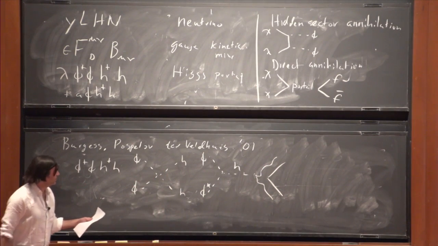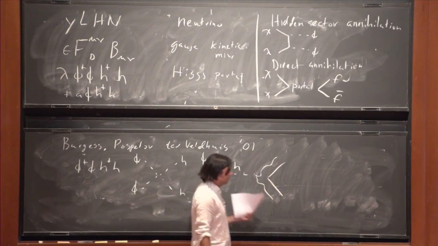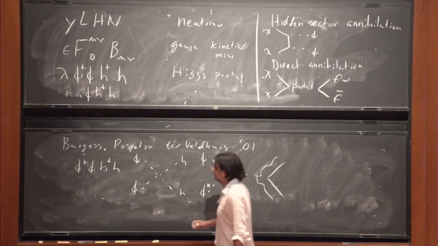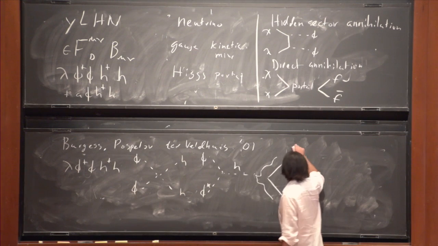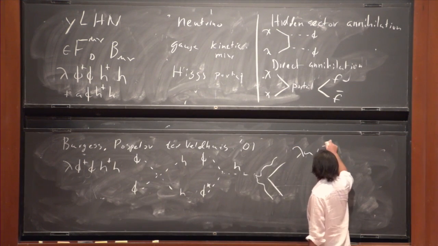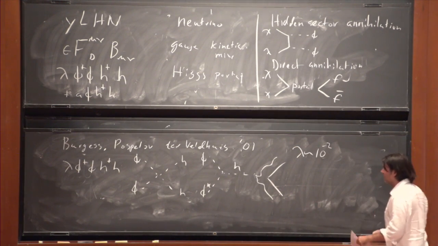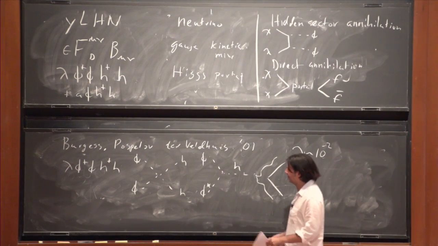Obviously, depending on the mass of the phi, the coupling constant that you need here, lambda, varies, but lambda is typically of the order of 10 to the minus 2, a perturbative coupling for a weak scale particle phi.